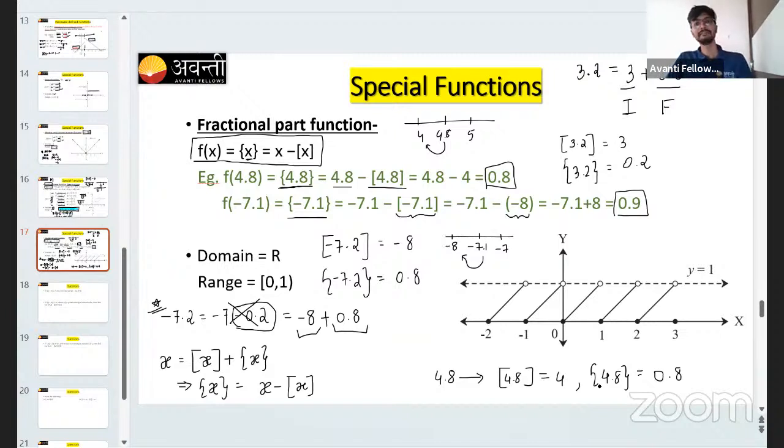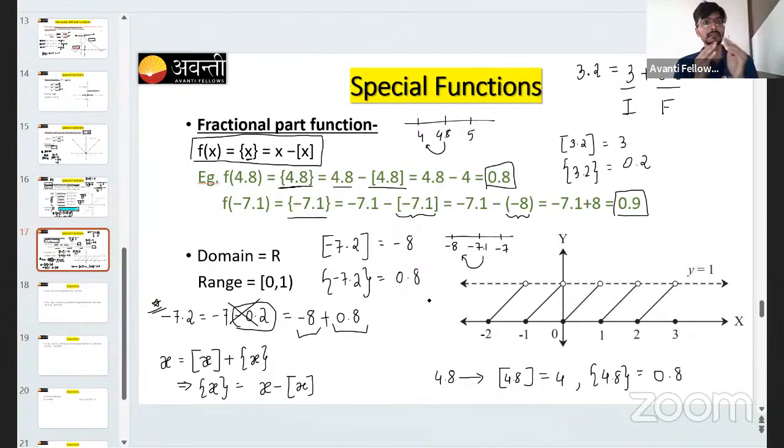So if we go into the questions, before going into the questions, let me tell you one thing. For the modulus function, we basically use a definition. Like we split the modulus function always into two parts.